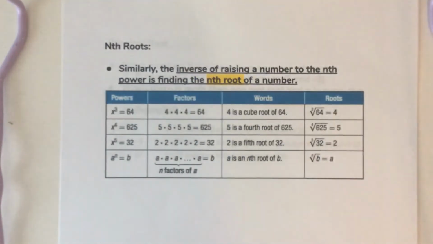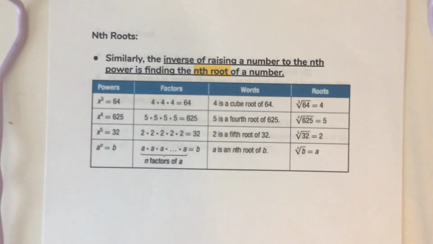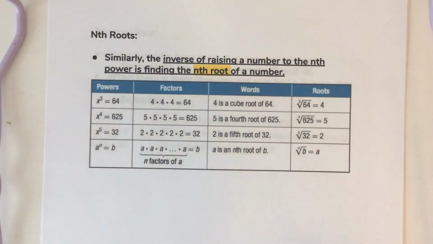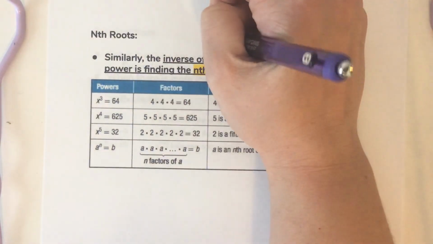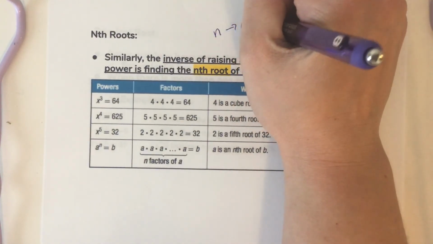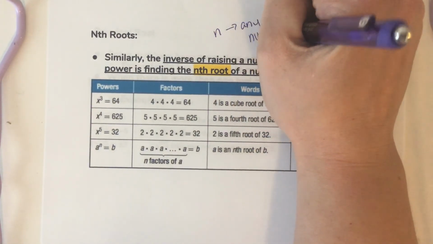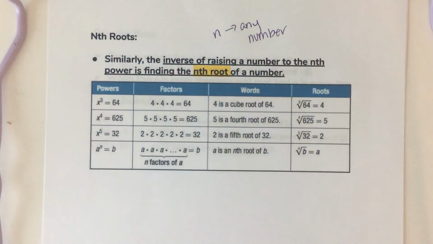And today we're going to jump into having a root bigger than a square root. So that n, we're going to talk about solving nth roots, where n is just used to generalize any number. So we could talk about cube roots, fourth roots, and all of this kind of stuff.